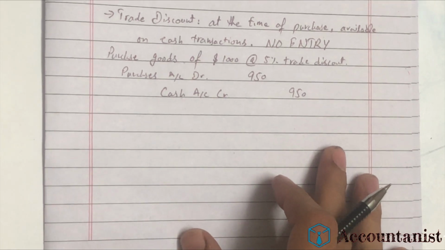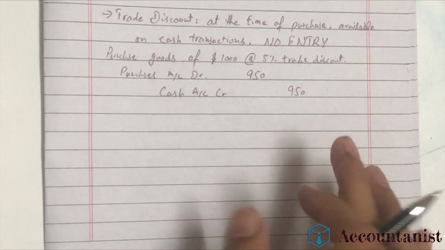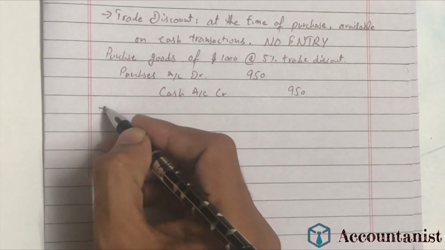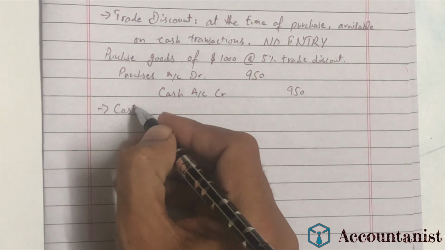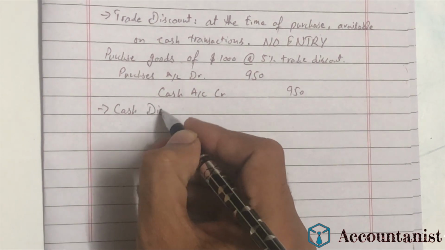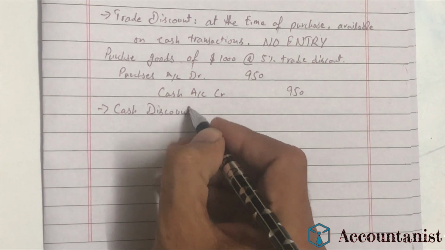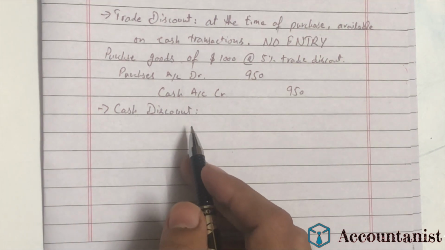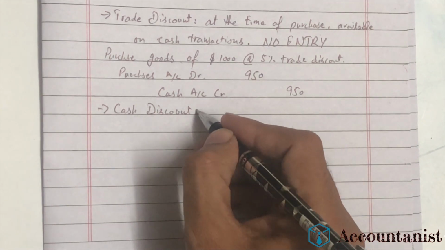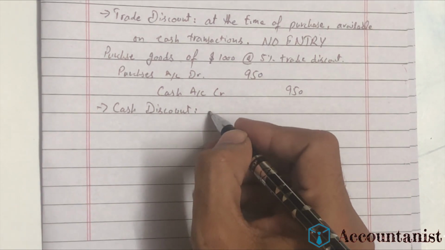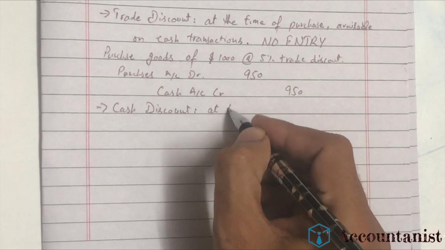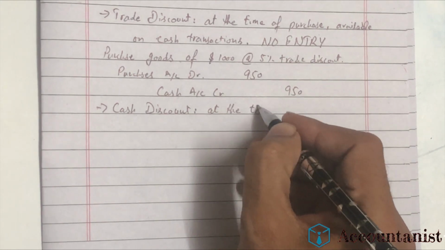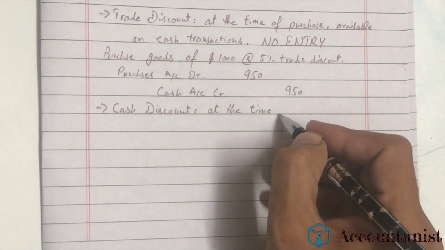The second discount that we have is called cash discount. To identify the cash discount, first we need to consider that this discount will be available at the time of payment.